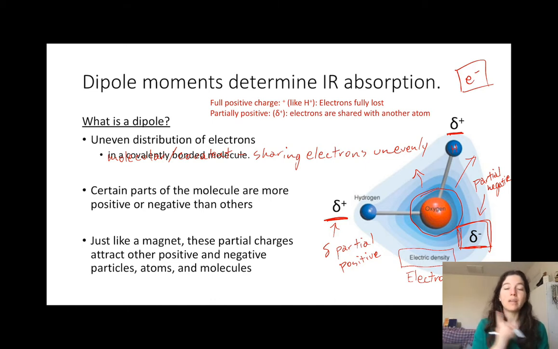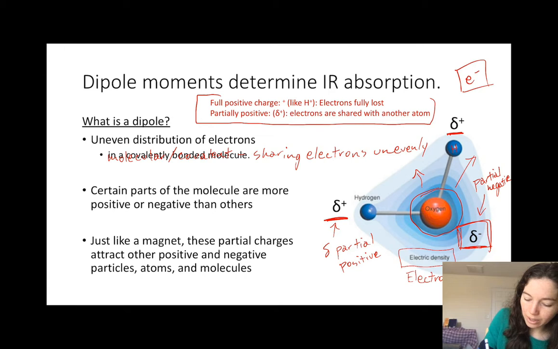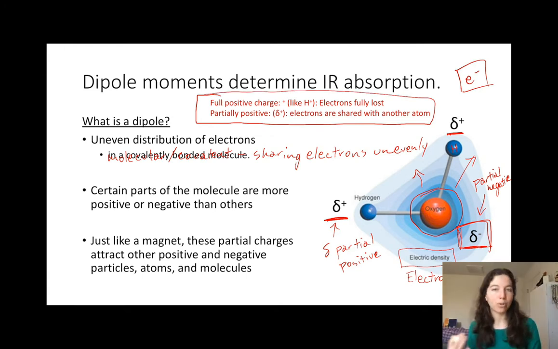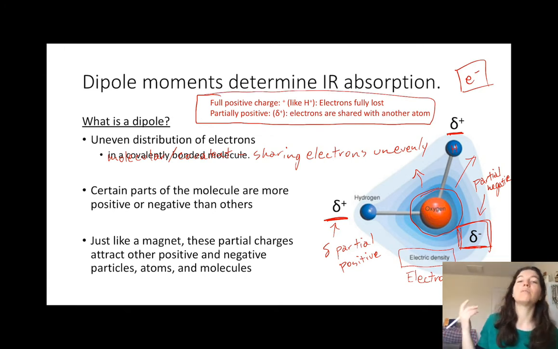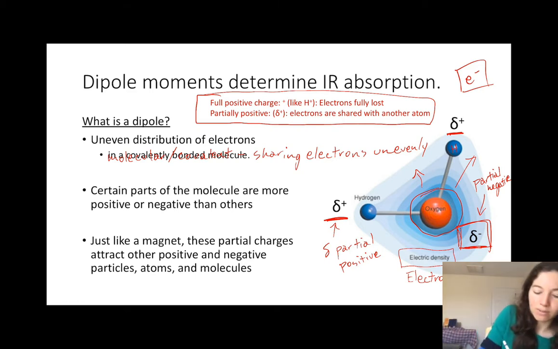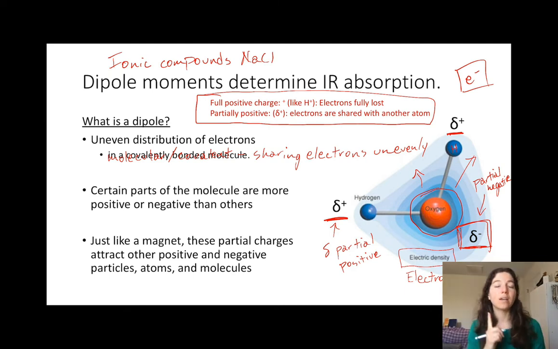So just to be clear, I do want to make sure that you understand the difference between a full positive charge and a partial positive charge, or partial negative and full negative charge. Unlike covalent compounds, in ionic compounds like NaCl, these compounds split into full charges.